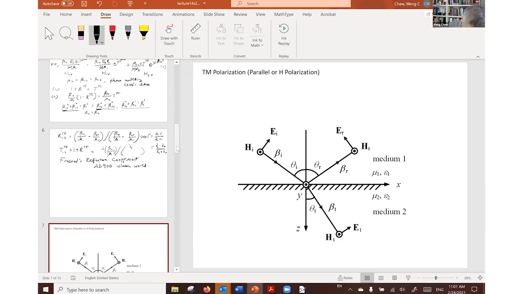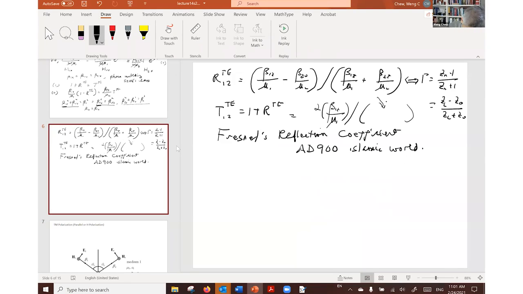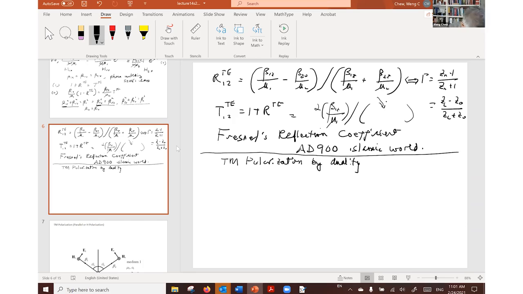Then I can actually write down the solution of this TM polarization. Let me draw a line here. By duality, you can say RTM 1,2 is equal to beta 1z over, instead of mu1, you use epsilon 1 because you have to do the swap for media as well.